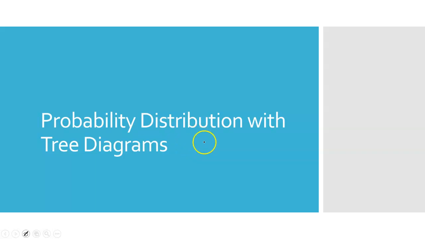In this set of notes, we're going to look at probability distributions by making tree diagrams. And a probability distribution, again, is all the possible probabilities for a given situation.